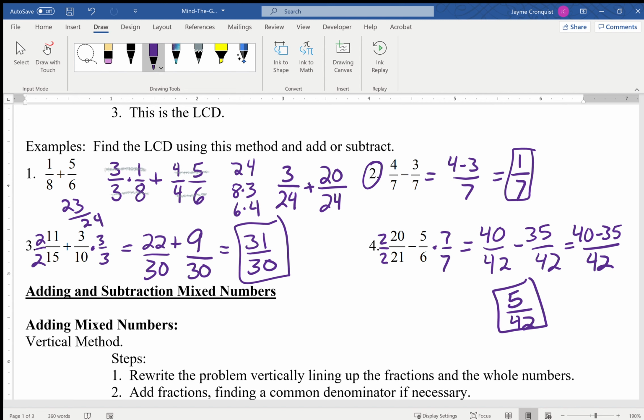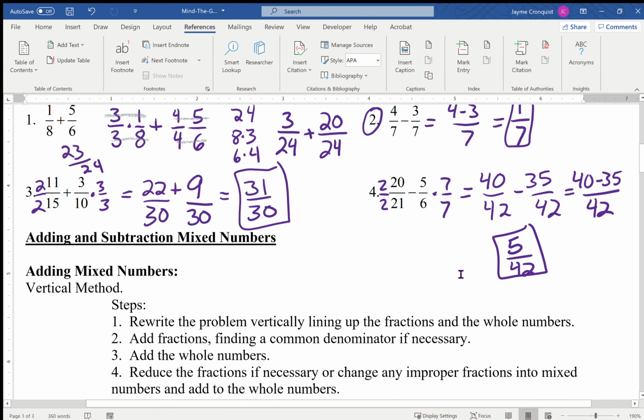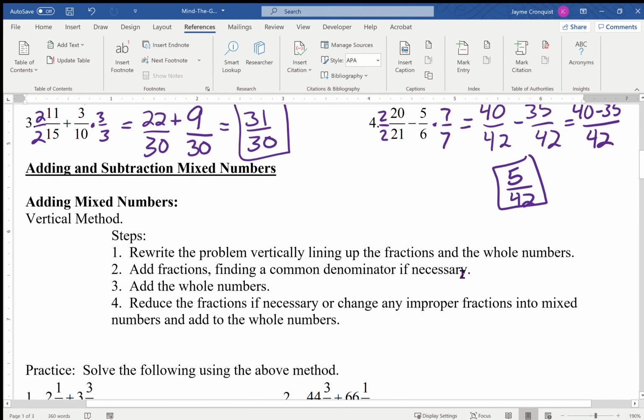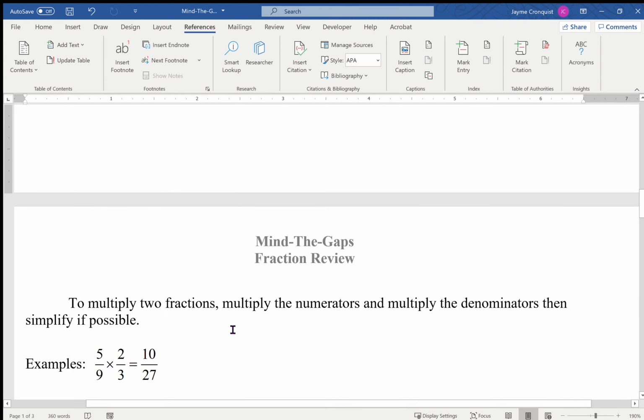All right, so now when we're doing mixed numbers, to add them, there are two different methods. The vertical method and, let's see, where are we? There we are. Vertical and, okay, I guess there's only one method they're going to teach.